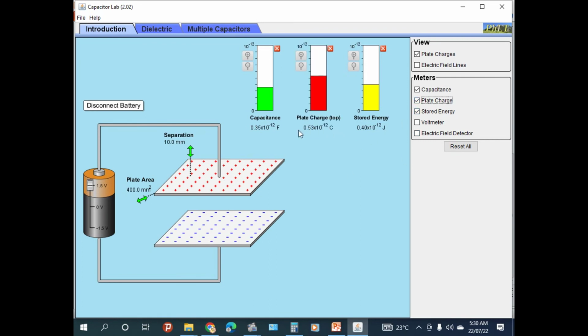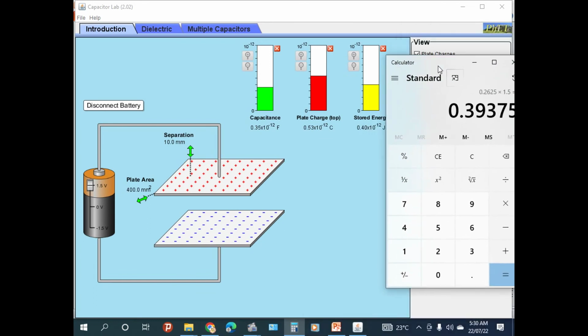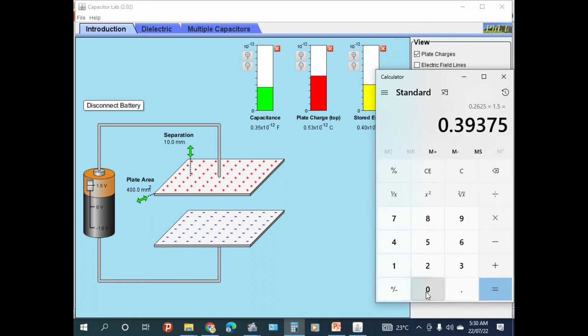The charge that is stored in the positive plate is 0.35 times 10 to the power of minus 12 coulomb. Half, taking the calculator, 0.5 times Q times V, which is 1.5, equals 0.4 times 10 to the power of minus 12 coulomb times volt, which is joule.